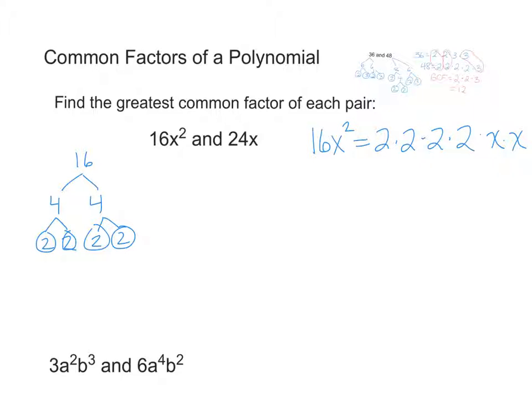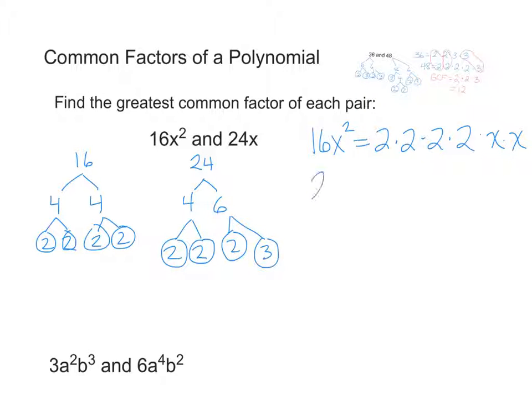When we do 24, so 24 is 4 times 6. 4 is 2 times 2. And 6 is 2 times 3. Those are all prime numbers.